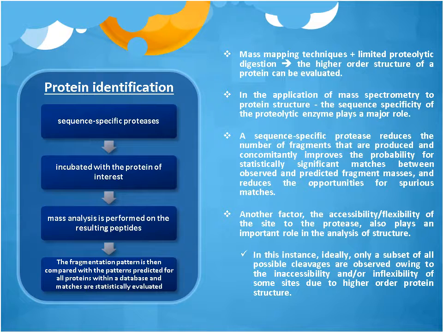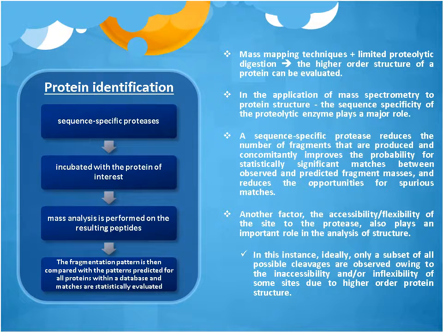The sequence specificity of the proteolytic enzyme plays a major role in the application of mass spectrometry to protein structure. A sequence-specific protease is capable of reducing the number of fragments that are produced, and concomitantly it improves the probability for statistically significant matches between the observed and predicted fragment masses, and it is also capable of reducing the opportunities for spurious matches.